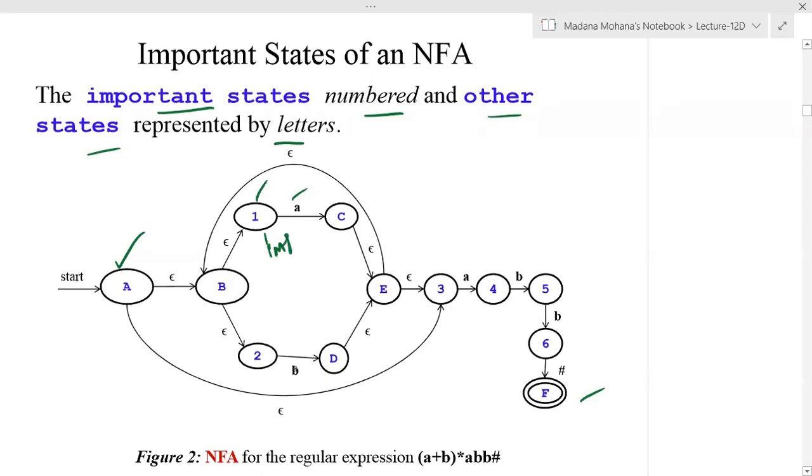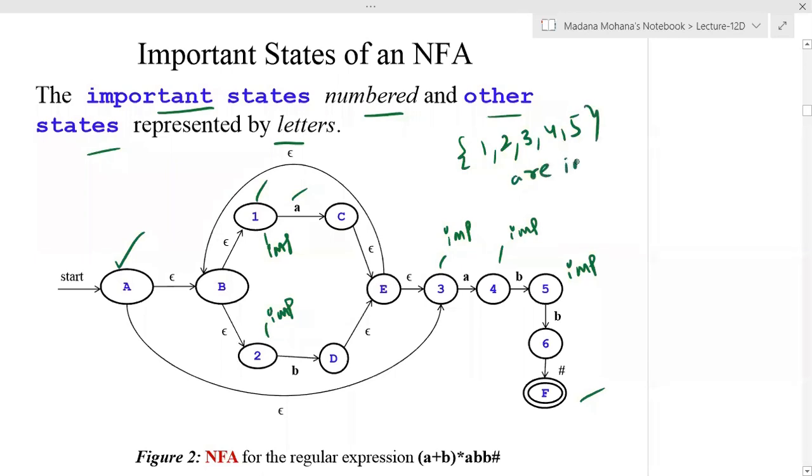State 2 on b is also an important state. Then from 3 on input a, this is also important. Then 4 on b, and 5 on b, are also important. Finally, 1, 2, 3, 4, 5 are important states.